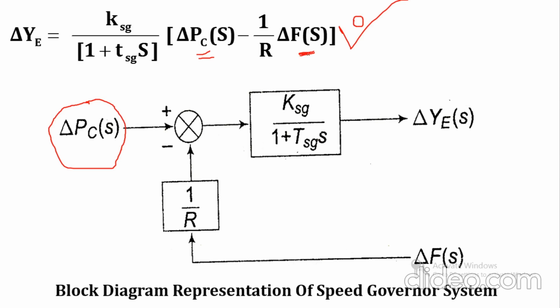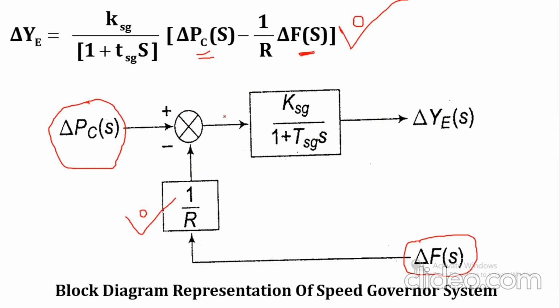Clear? So we can say that frequency comes with feedback. I will represent delta F of S at the output side, and this is the feedback gain 1 upon R. Now these both signals will be added with negative feedback.